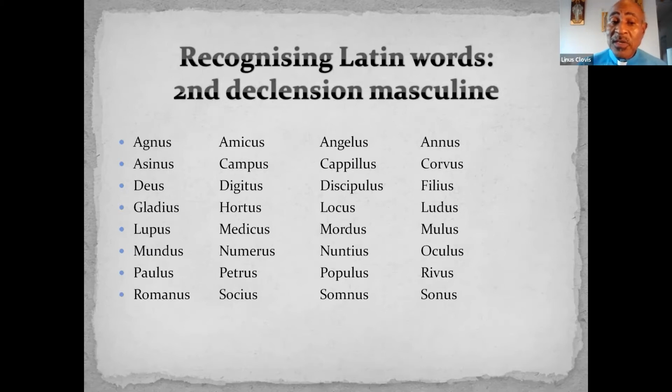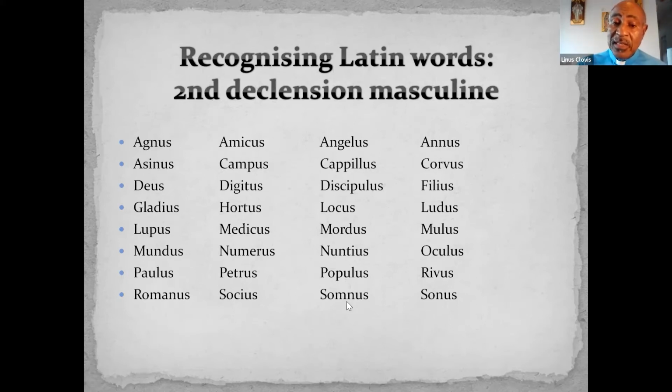Socius, again, we have 3 vowels, so we must have 3 syllables. Socius. Okay, because this is not a diphthong. And we get social, so it's basically a companion, a friend, an associate.